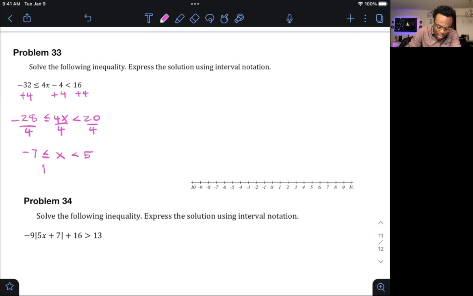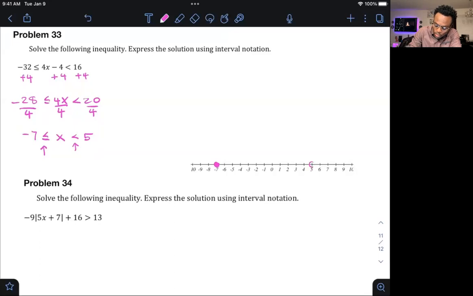Over here, you have less than or equal. So on negative 7, we're going to keep a closed circle. And then on 5, it's not equal, so we will keep an open circle. And everything inside the two circles will be your solution for this inequality.